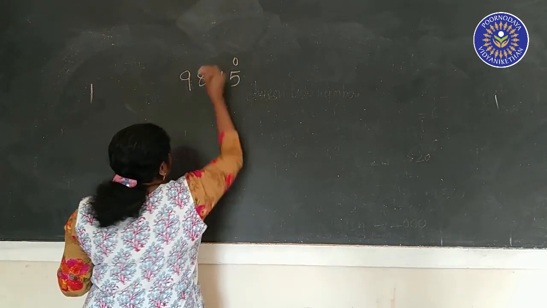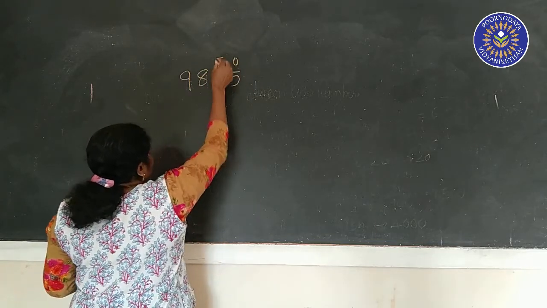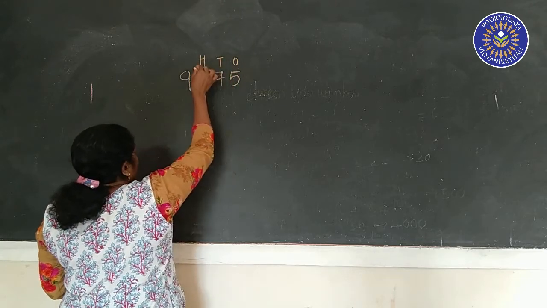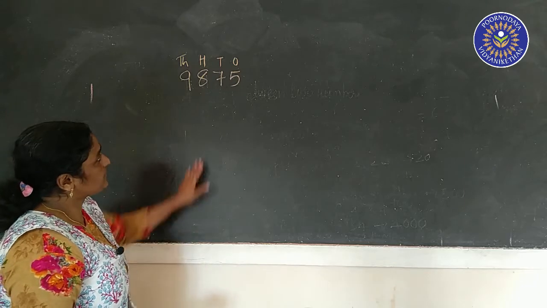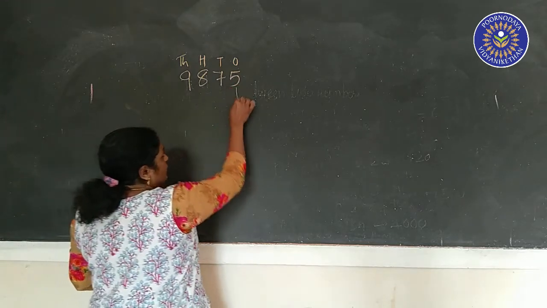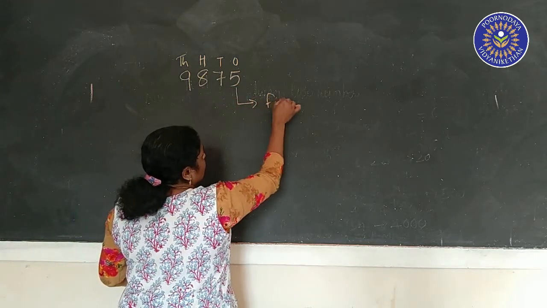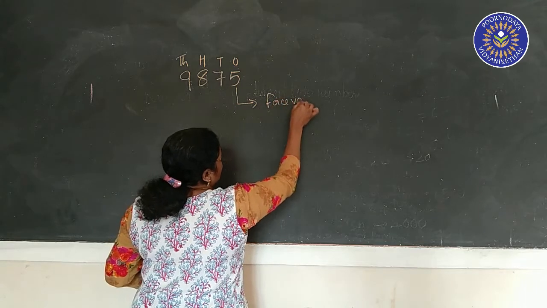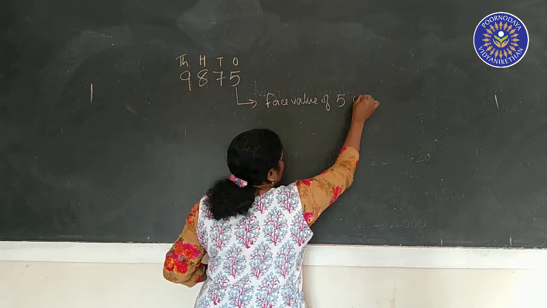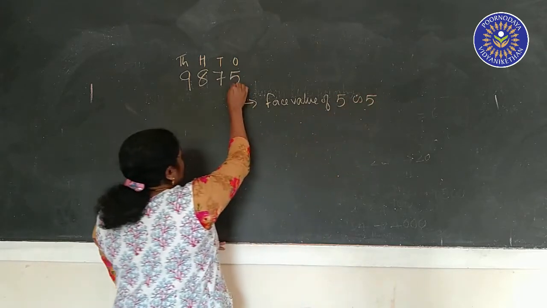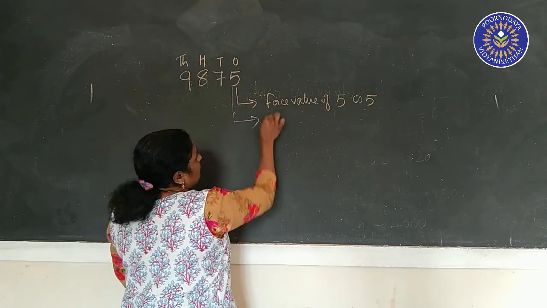9,875. In the ones place there is 5, tens place 7, in the hundreds place 8, and in the thousands place there is 9. What is the face value of 5? Face value of 5 is 5. What is the place value?